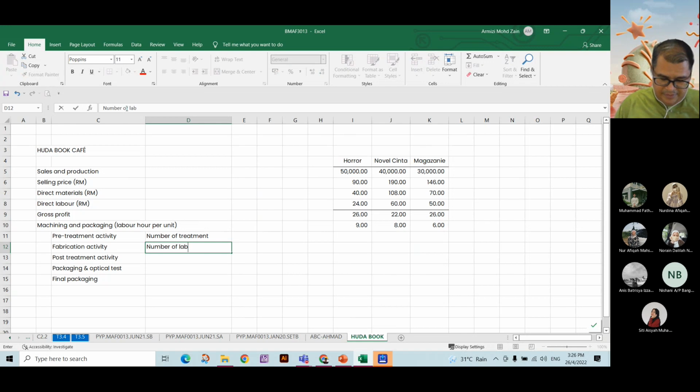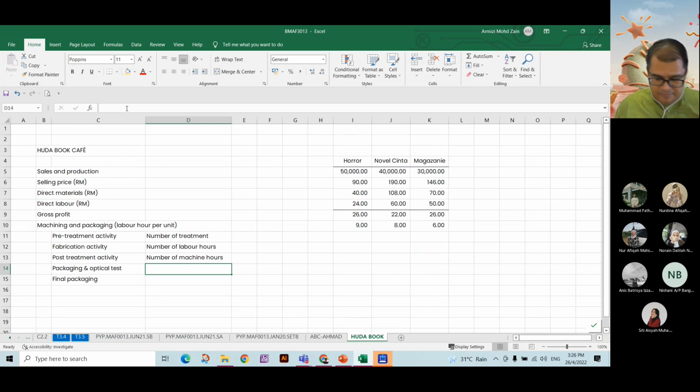number of labor hours, number of machine hours, number of inspection, number of boxes.